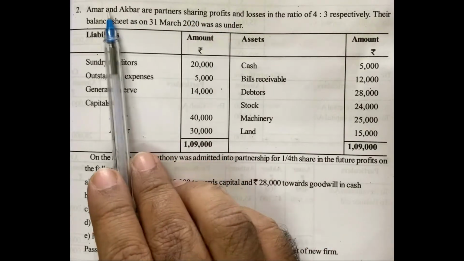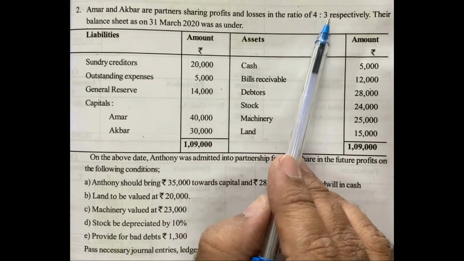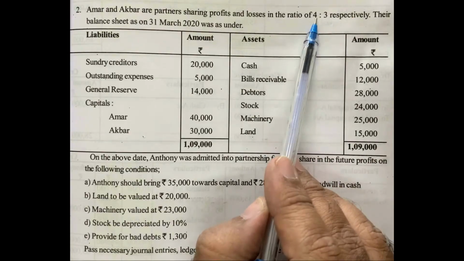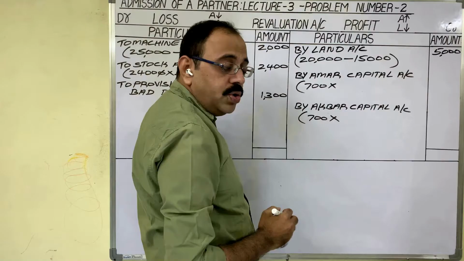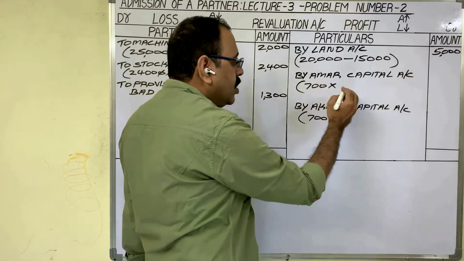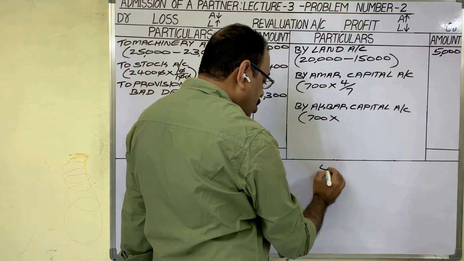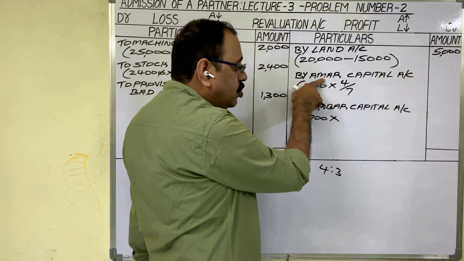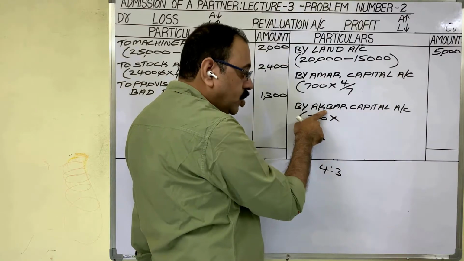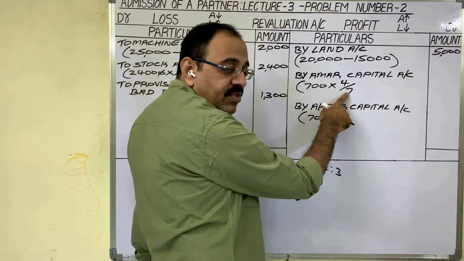In question, he is giving that Amar and Akbar are partners sharing profits and losses in the ratio of 4:3 respectively. 4:3 is the old ratio of Amar and Akbar. So for first person, Amar, 4/7. How 7 is coming? Old ratio 4:3. 4 number belongs to Amar, 3 number belongs to Akbar. 4 plus 3, 7.